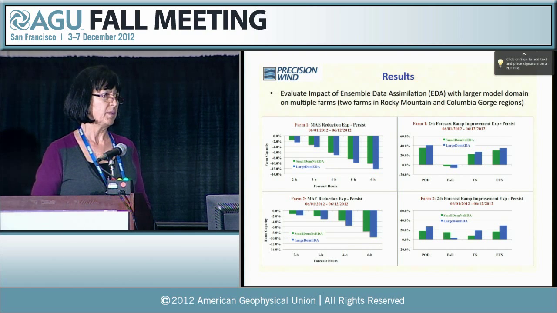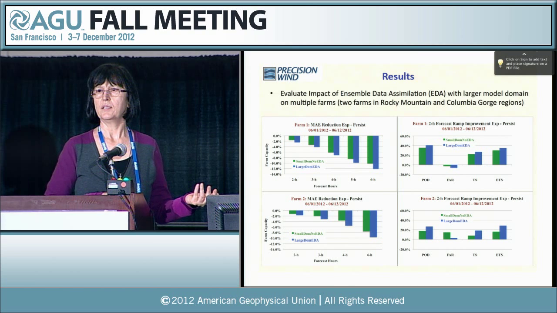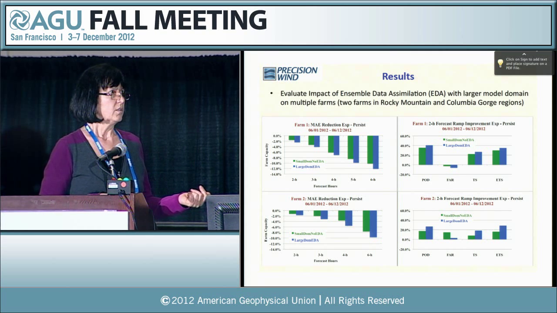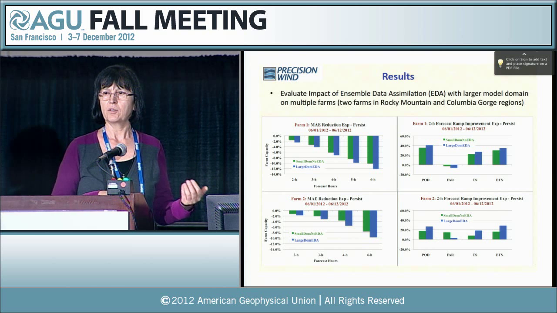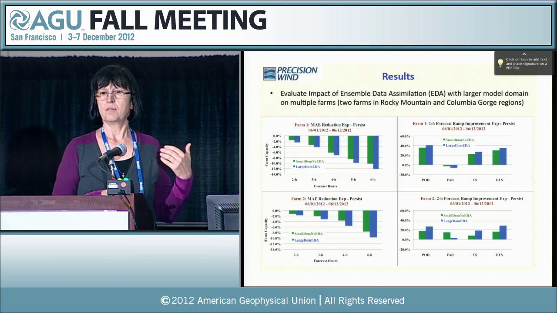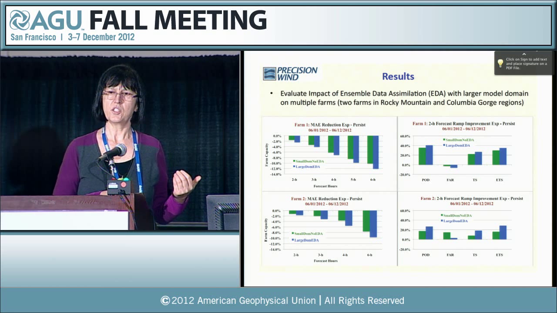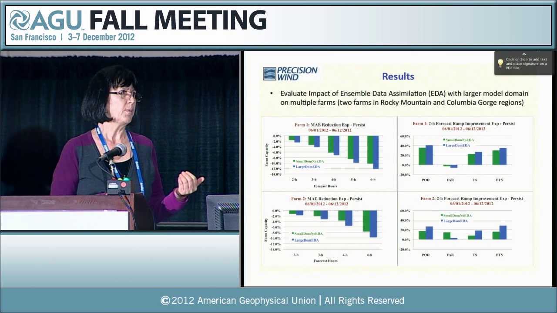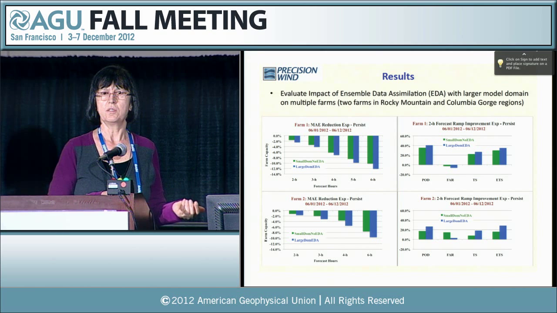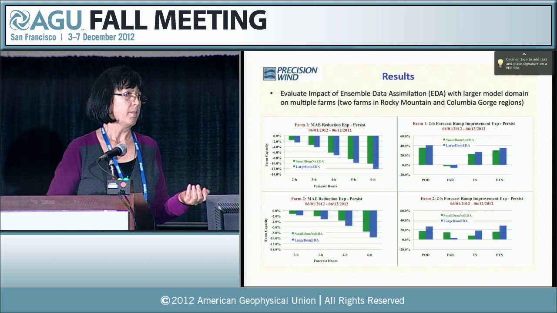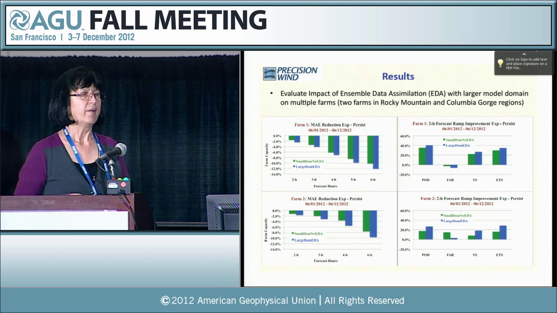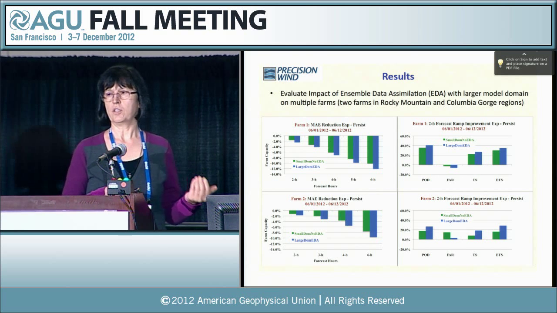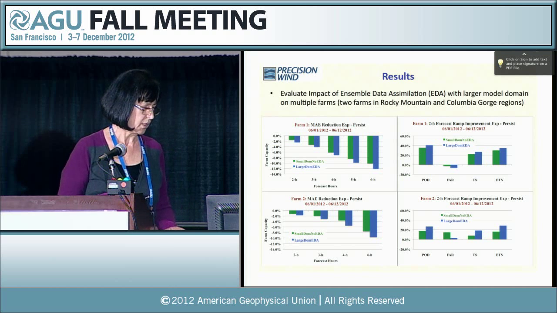The second farm is basically almost like independent verification. So what we see, as before, is a positive impact of data assimilation. We have a considerably larger impact in this case, and it's positive on both farms and on all measures. And it's significantly positive for the ramp metrics, and that's actually what we care about.